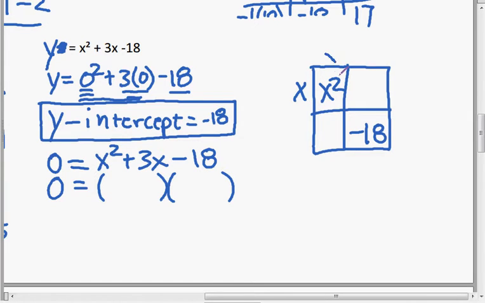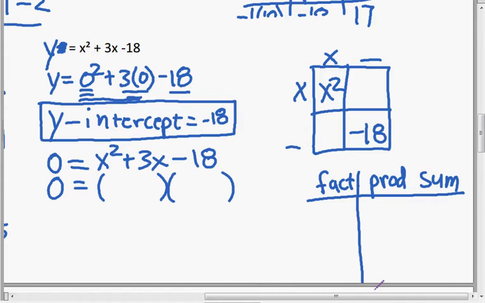So first of all, I know x and x. And I have to find the two values here. So I try things. I start my table. Factors are the things we multiply together. Product is the answer we get when we multiply. Sum is what we get when we add.